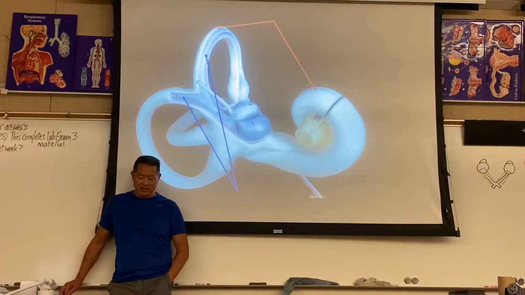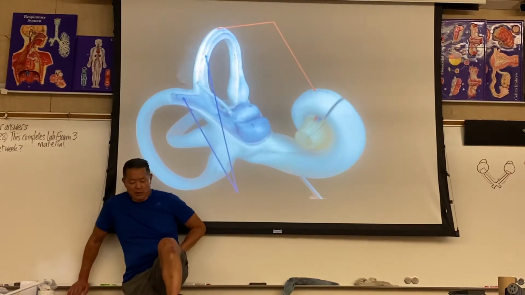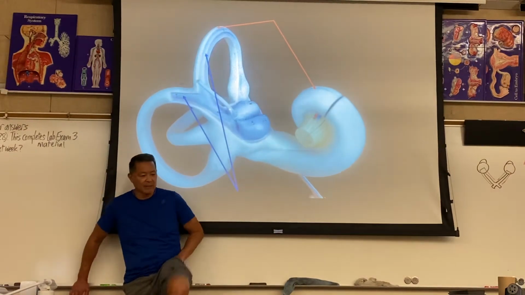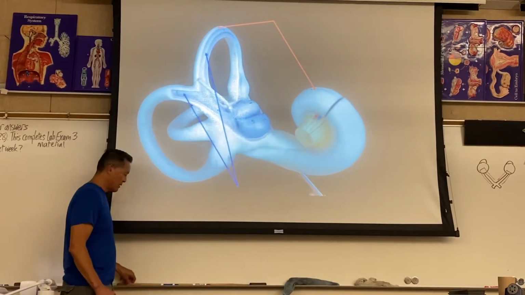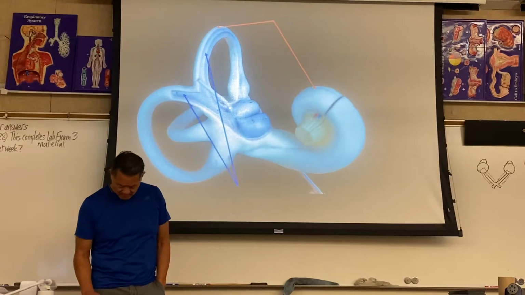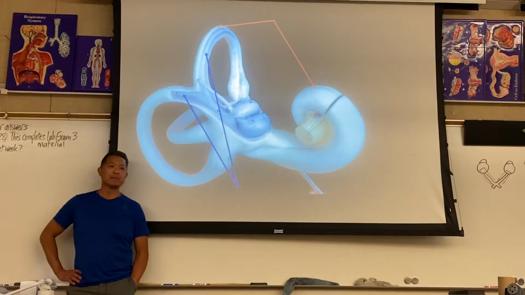It's membranous labyrinth for the full point, tubular sac for the half point, which is probably a fun name to call your friends when they're acting weird. The fluid inside the membranous labyrinth is the endolymph.